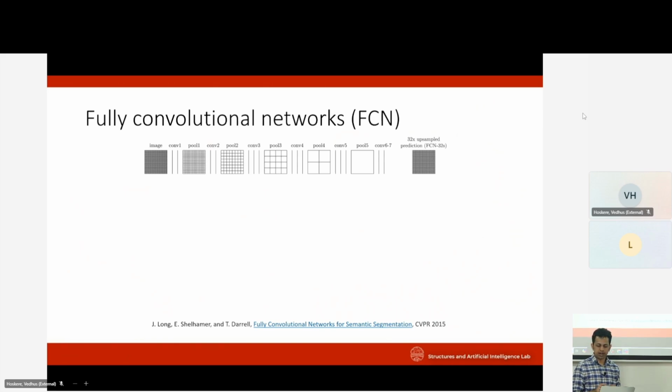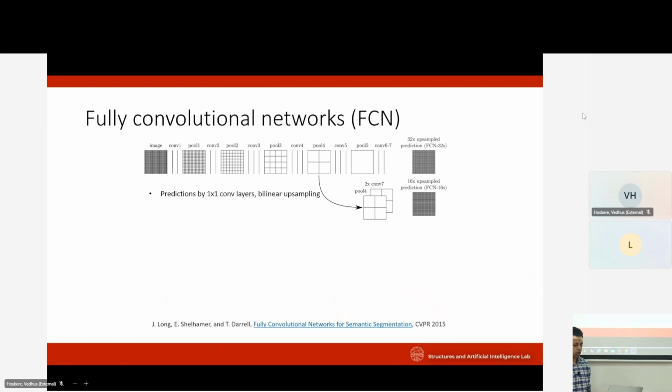So one way is to directly do a 32 times upsampling, and that's called FCN32. In this network, they didn't really use the transposed convolutions or the backward strided convolution. They just did a bilinear upsampling. So it's just what you would do when you resize an image. But also, instead of only upsampling your pool 5, they also took the earlier downsampled layers and upsampled them by smaller amounts to reach the same size.